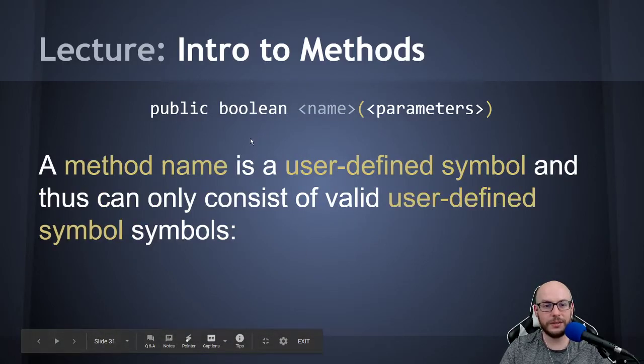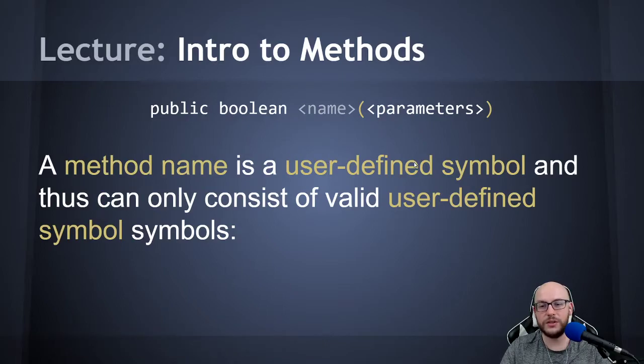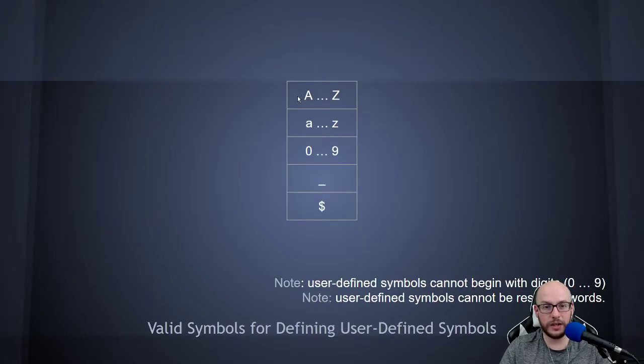The next piece is the method name. It's going to be any valid user-defined symbol and consist of only the symbols that make up a user-defined symbol. We're talking capital A through Z, lowercase a through z, digits 0 through 9, underscore, dollar sign. The same stuff that we use to make up variable names can be used to compose a method name.